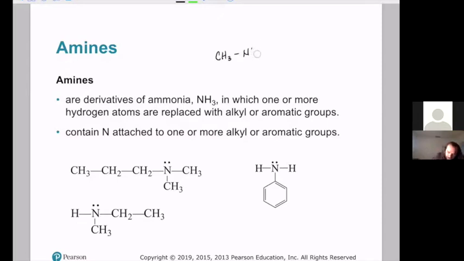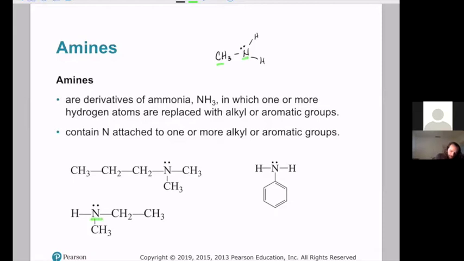If I'm going to expand that, let me just make a point here. One of the things about nitrogen is nitrogen likes to have three bonds, and then it also has this lone pair here. But for an amine, any one of those three bonds can be a carbon. So for example, this nitrogen is bound to just one other carbon.